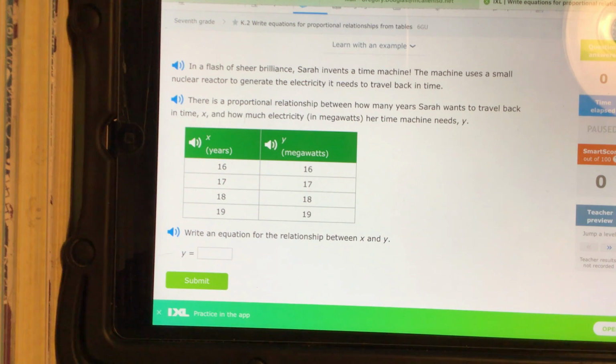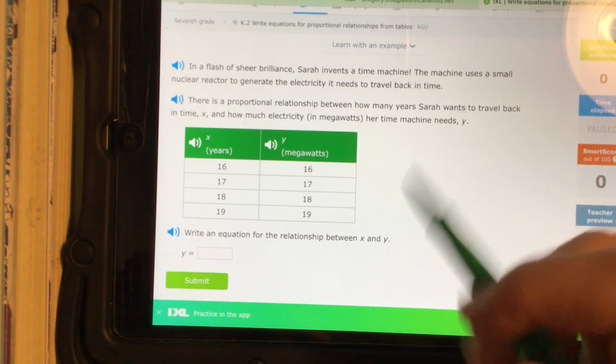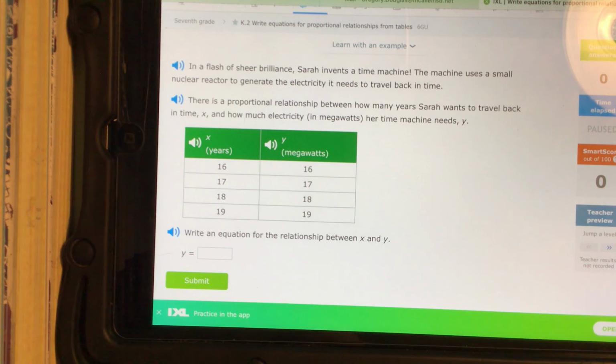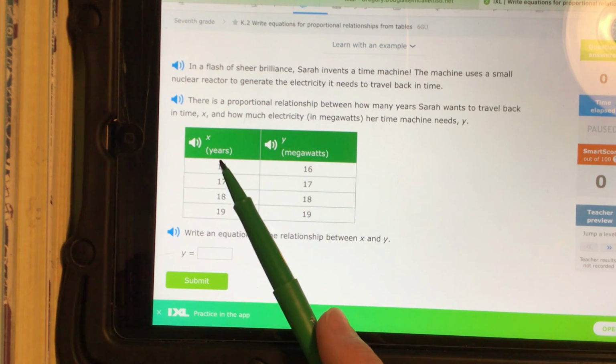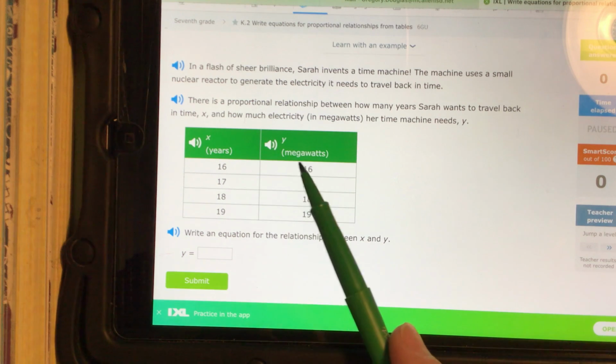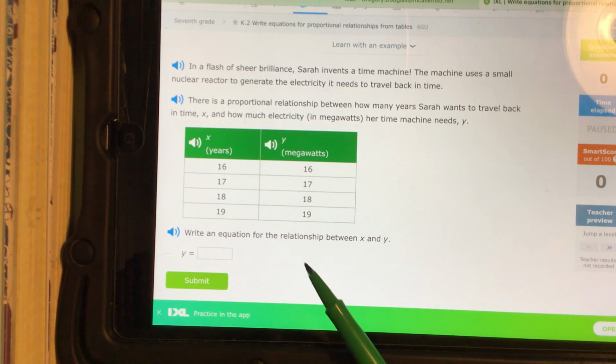It's important to read the words and circle in case there's anything in there we need to know. But when they give you a table, they're already telling me what X and Y is. They're telling me what it represents, the amount of years and the number of megawatts. But all I'm really trying to do is find the relationship.